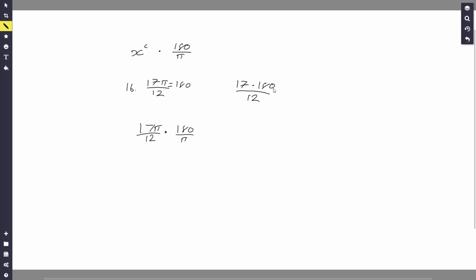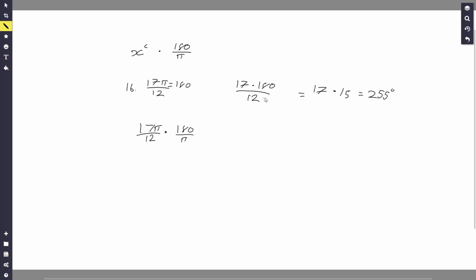Divide 180 by 12. You're going to get 17 times 15. Multiply these two together, you get 255 degrees.